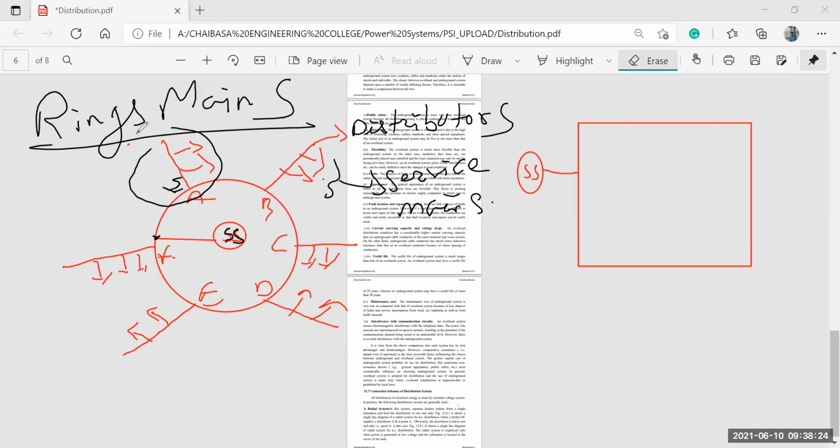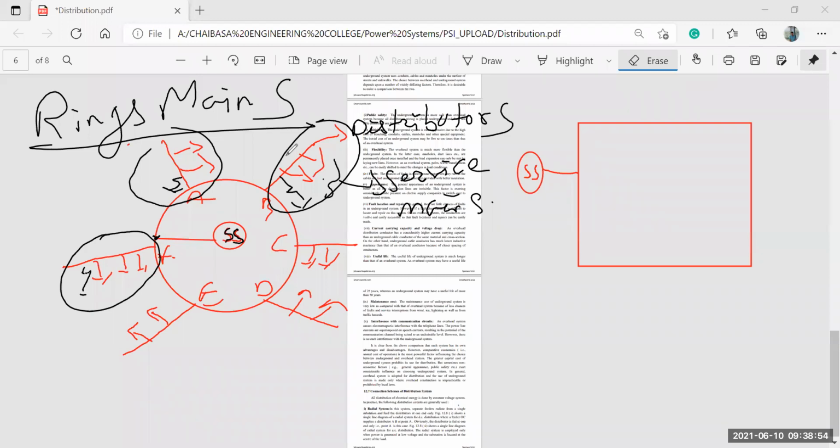If a fault occurs in this unit, only this particular part would be isolated or affected. If a fault occurs in one segment, they do not need to segregate the remaining portions or other loads. So that is the benefit we get.